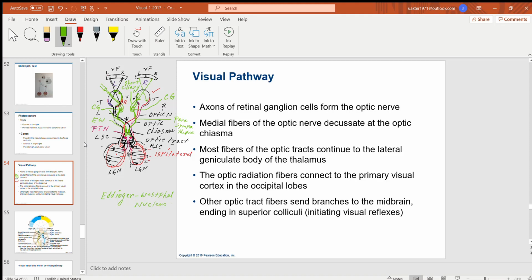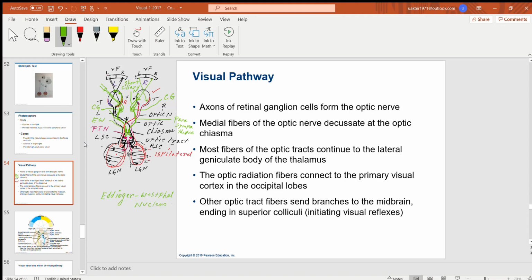Okay, then what will happen? The light from the nasal hemiretina of your left eye will go to the opposite side, right? Because these fibers cross over in the optic chiasma, so they'll go to the opposite side.